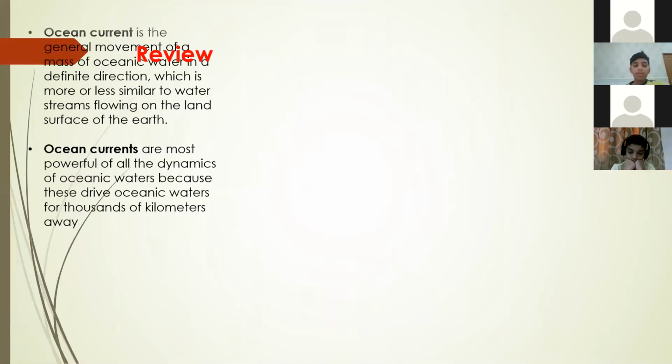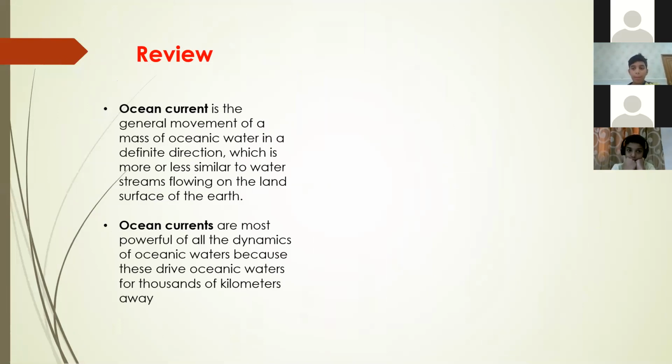But before we go on, I want to quickly review what we mean by ocean current. The ocean current is the general movement of a mass of oceanic water in a definite direction. The ocean water is always moving, but when the current moves in the form of streams, like a stream flowing on the land, it is not so large.